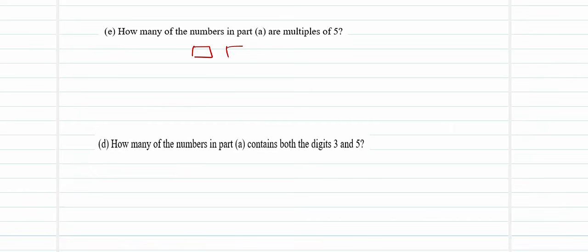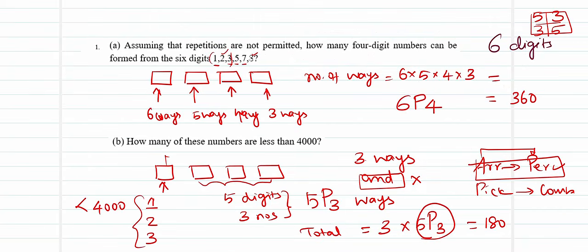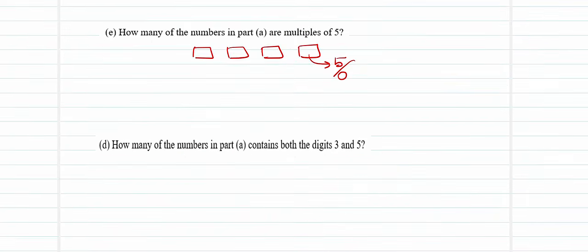Now the next subdivision being, how many of the numbers in part A are going to be multiples of 5? What do we mean by multiple of 5? If the last digit is either 5 or 0, then you call it a multiple of 5. We don't have a 0 in our case. The only element available for us is going to be 5. So if the last element is going to be 5, then I can fix this number always with 5. In how many ways can I fix it?